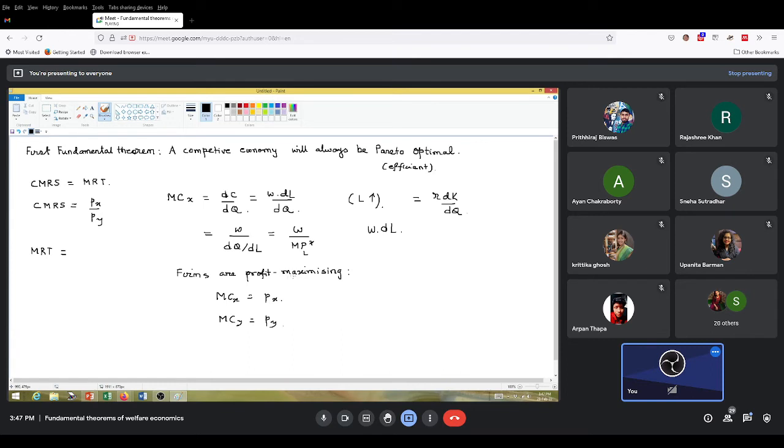So if I take the ratio MCX by MCY, this is PX by PY, but I have shown this to be MP, this will be Y.